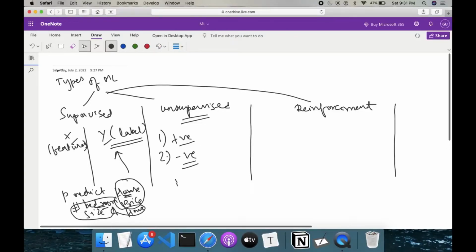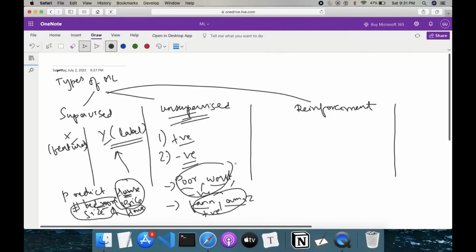You will have words like poor, worst product appearing in negative reviews, and words like fantastic, amazing appearing in positive reviews. Based on these words, the unsupervised learning algorithm will try to cluster them together. There will be chances where it might fail, but that is the ultimate goal of unsupervised learning: you have a data set with no labels.